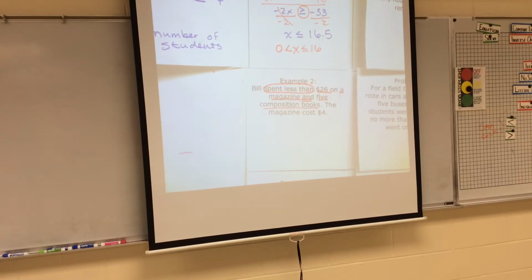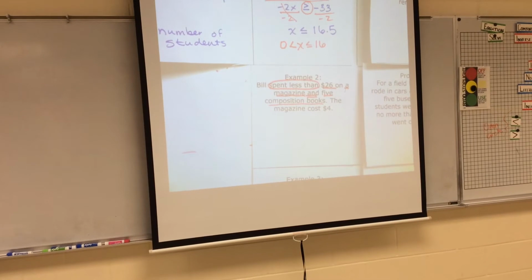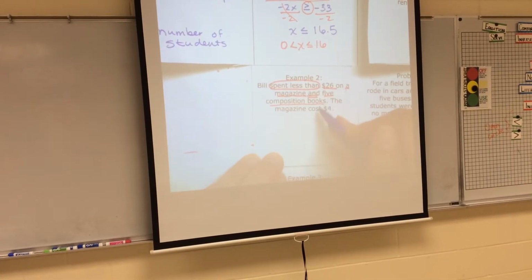And then I know that the magazine costs $4. So here it says a magazine and 5 composition books.